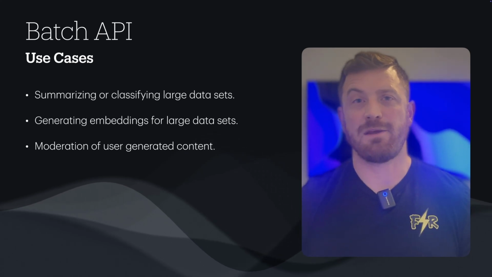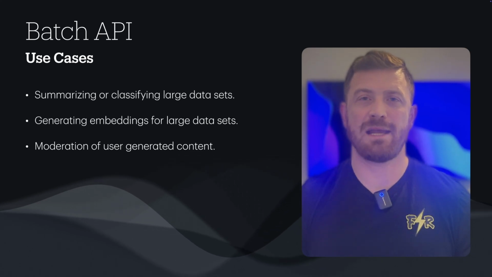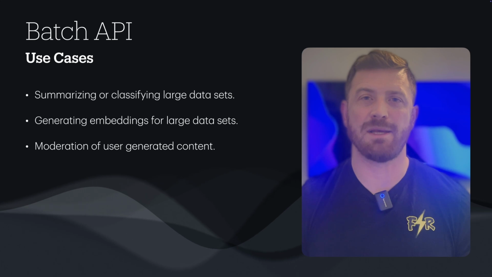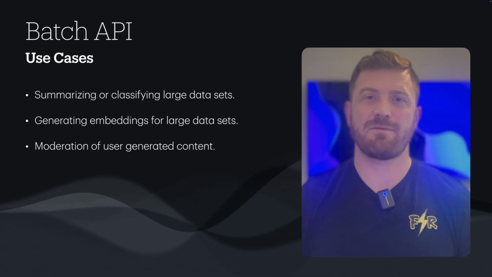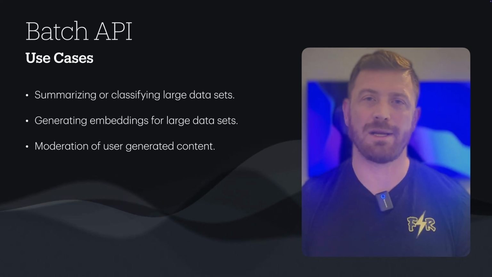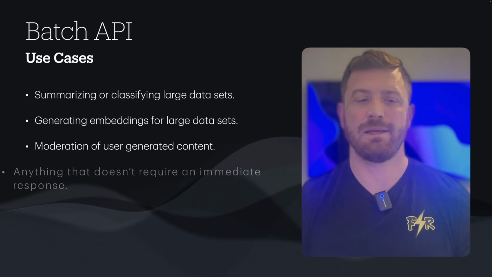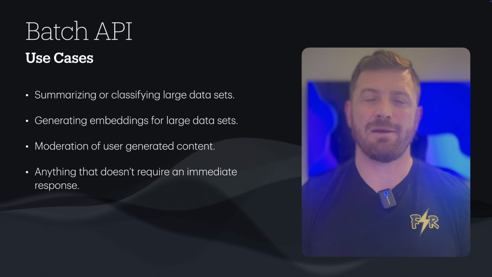Let's say I have a video and it has a bunch of comments. I might have a background job that runs daily to gather up all those comments and send them to OpenAI to be processed for any potential community violations or inappropriate content, basically. Or it can do basically anything you don't need an immediate response for.